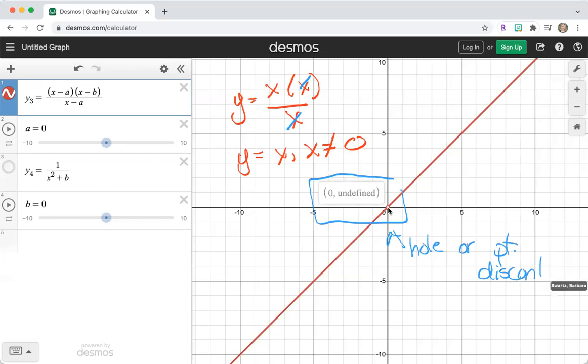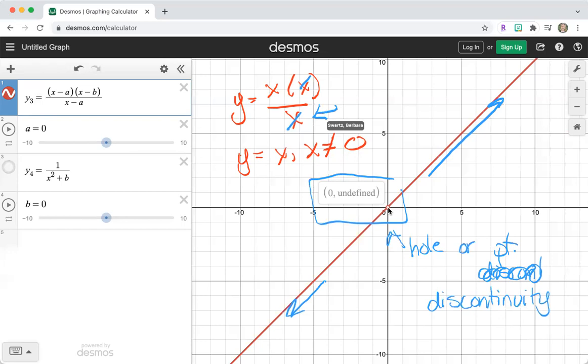Oh, I can't spell this. Discontinuity. There we go. Otherwise, the whole rest is all clear, it's just an exact line. The only way we see this hole in the graph, this point discontinuity, is because of this denominator. And why it's not an asymptote is because the x divided by x factored out.